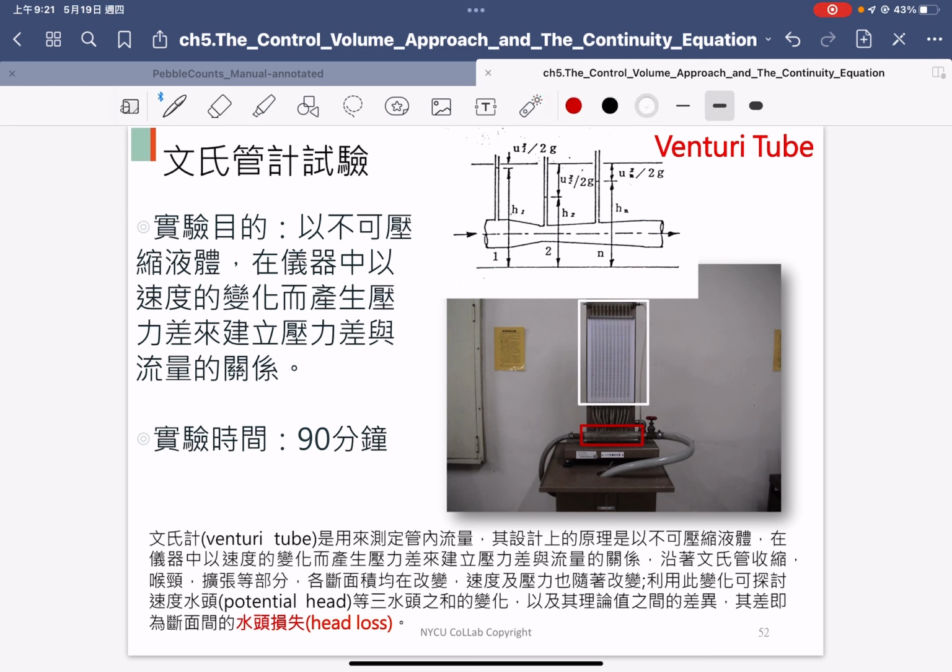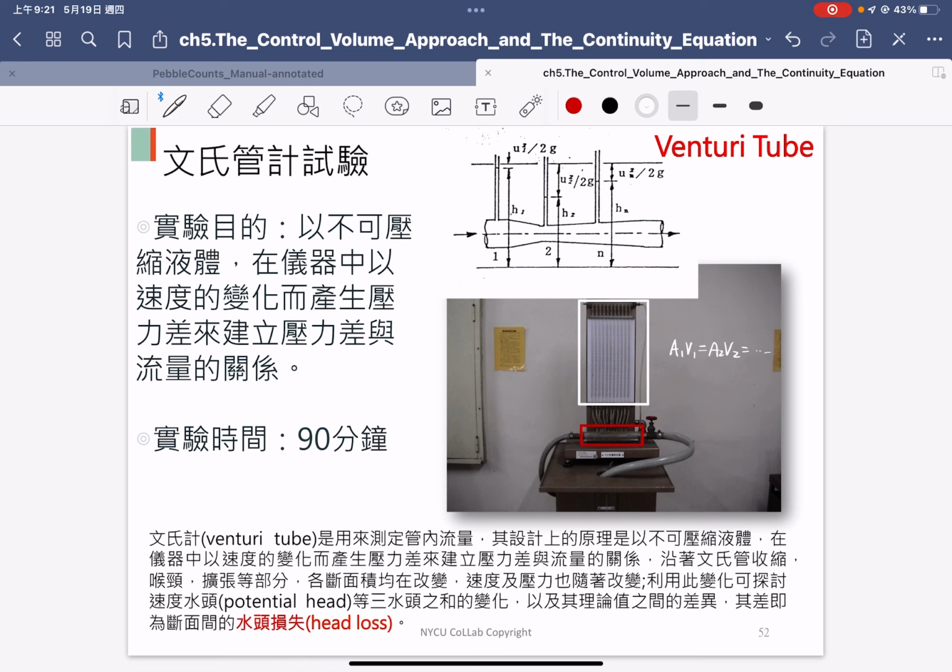So we are based on two ideas. First one is the continuity. For the continuity equation, we know that A1 V1 equals A2 V2 equals A3 V3. So based on the different cross-section areas, we can convert the velocity at different cross-section areas.